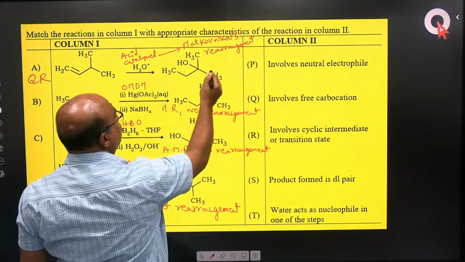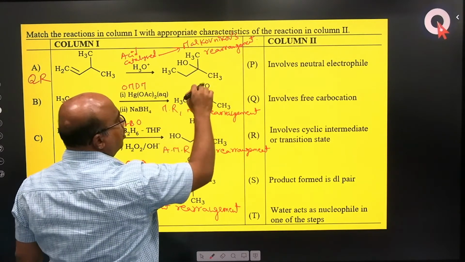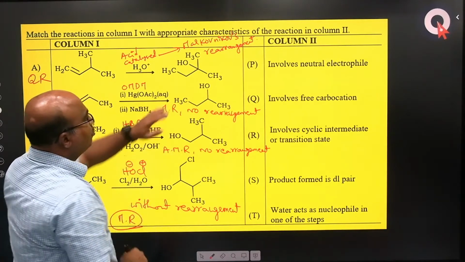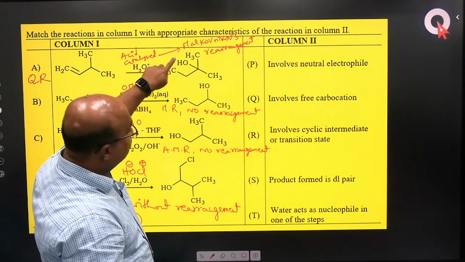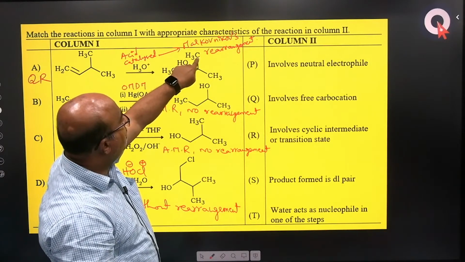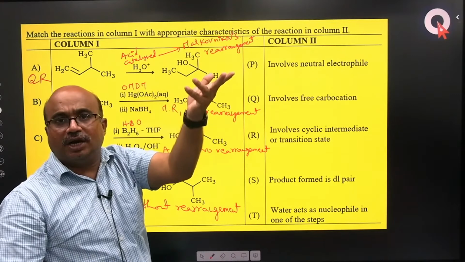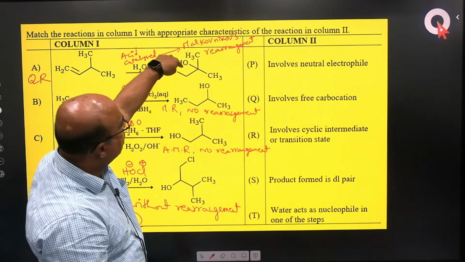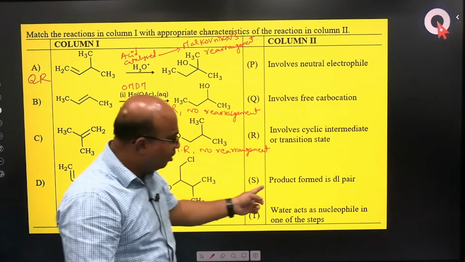If one of that is something other than CH3 and CH3, something else, then this carbon will become a chiral carbon instead of C2H5 again, because this side we have C2H5, CH3. So this might be an isopropyl group, or maybe a propyl group, something like that, or benzene related thing. Then you can say this carbon becomes a chiral, then this compound will become a DL pair there. So DL pair you won't get in this.